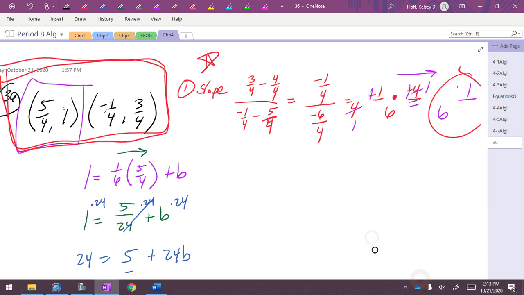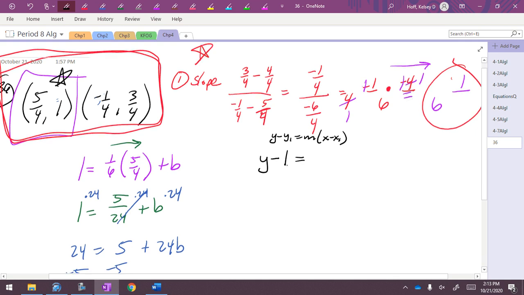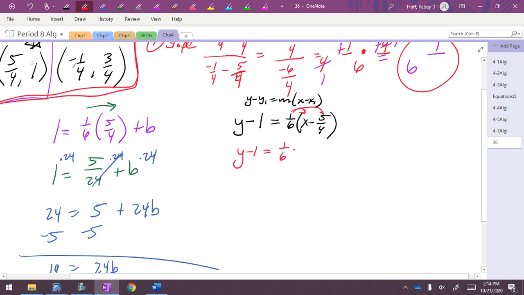So let's stick with this point. y minus y1 equals m times x minus x1. So y minus 1 equals 1/6 times x minus 5/4. What is the first thing I would have to do? Distribute this, okay? Y minus 1 equals 1/6 x.